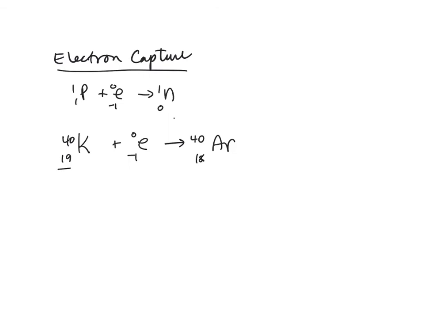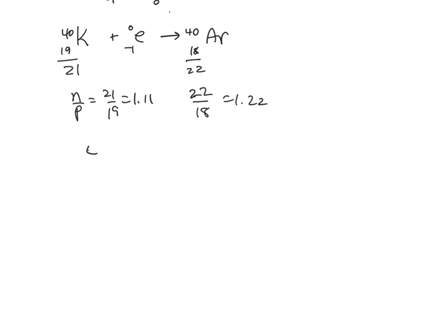And we can calculate our neutrons, 21 and 22. If you look at the N over P ratio here, 21 over 19, 1.11. And then 22 divided by 18, 1.22. So we see that electron capture increases the N over P ratio.